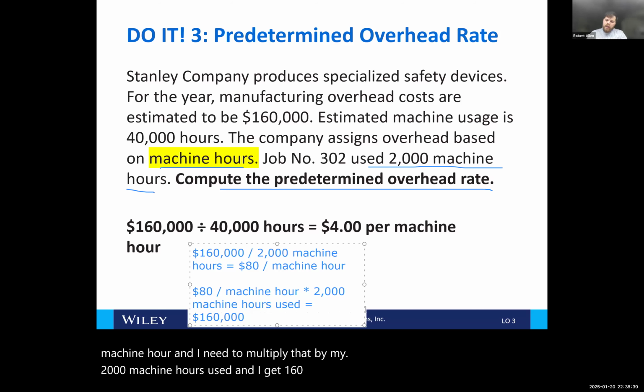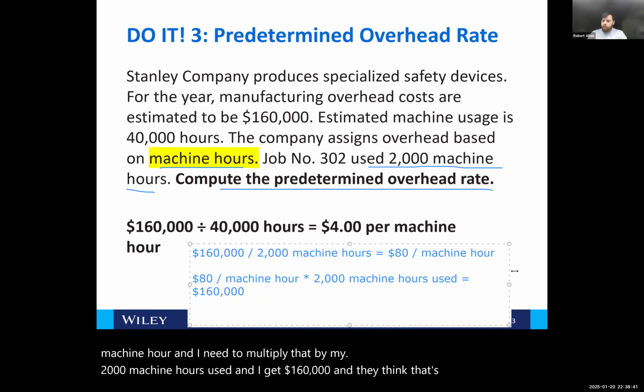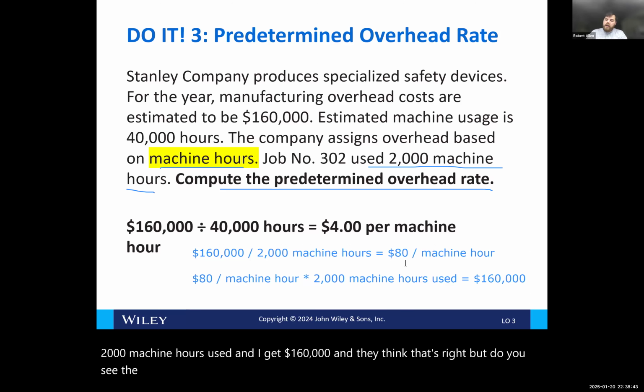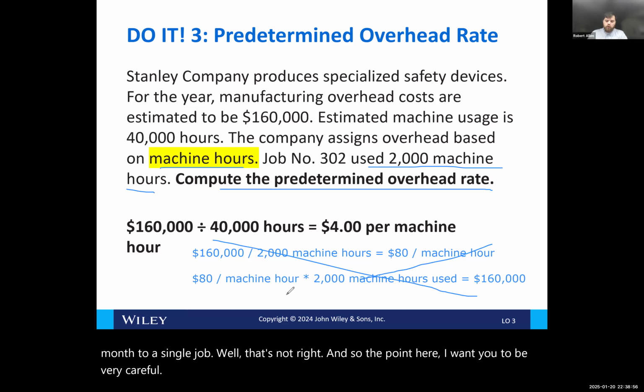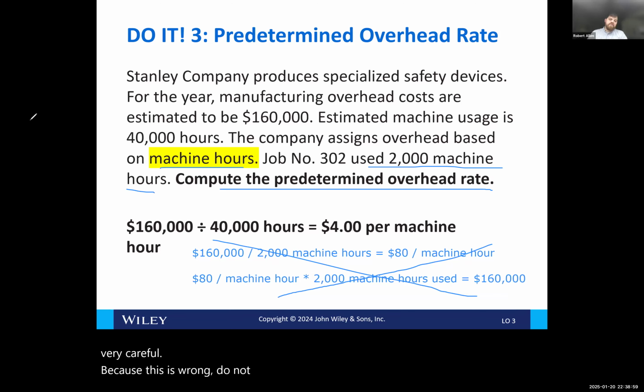And they think that's right. But do you see the problem? You just assigned an entire year's worth of overhead to a single month, to a single job. Well, that's not right. And so the point here, I want you to be very careful because this is wrong. Do not do this. Be very careful.